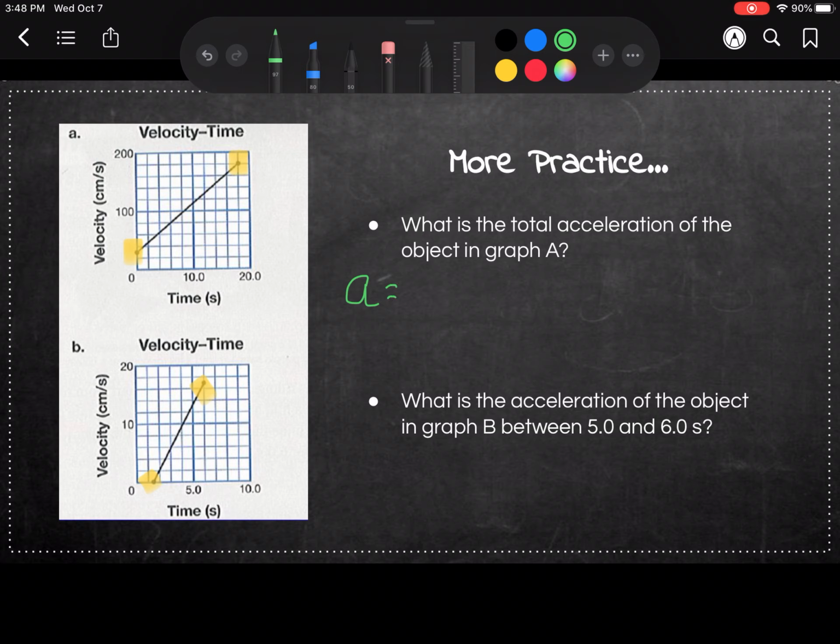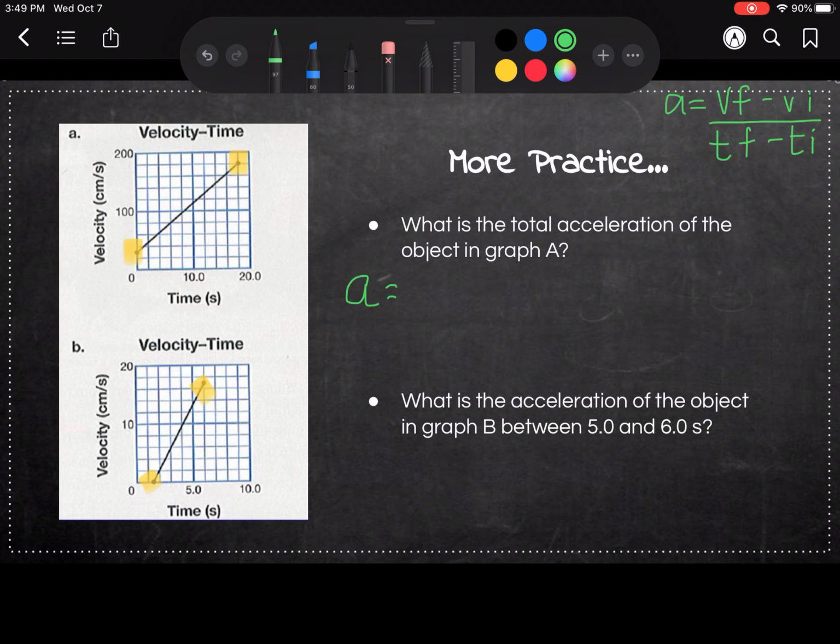So remember our formula. I'm just going to write it at the top. VF minus VI, and that's all divided by your time final minus your time initial, if that makes sense.